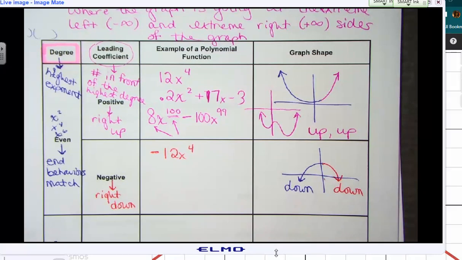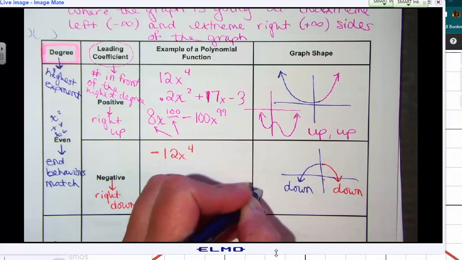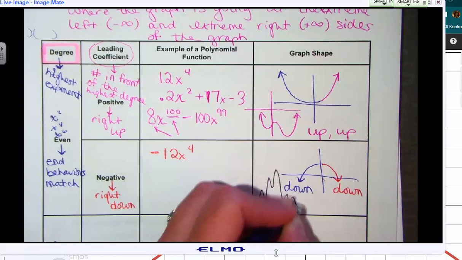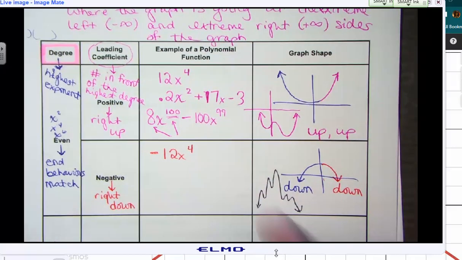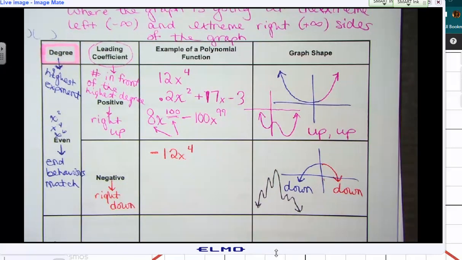And again, it can have any amount of wigglies happening. We have down on the left, down on the right. It is down, down end behavior.